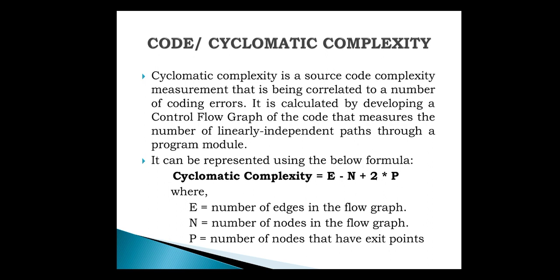N is the number of nodes in the flow graph, and P is the number of nodes that have an exit point. Okay, so E is the edges, N is the nodes.